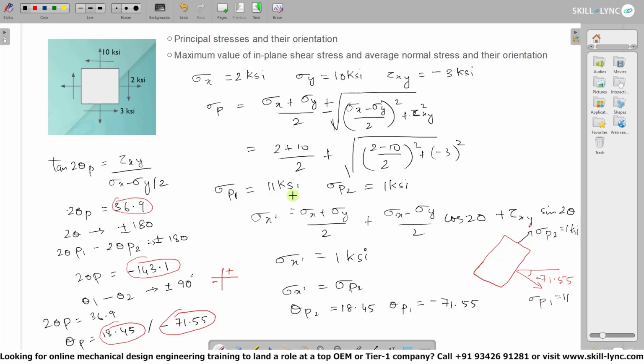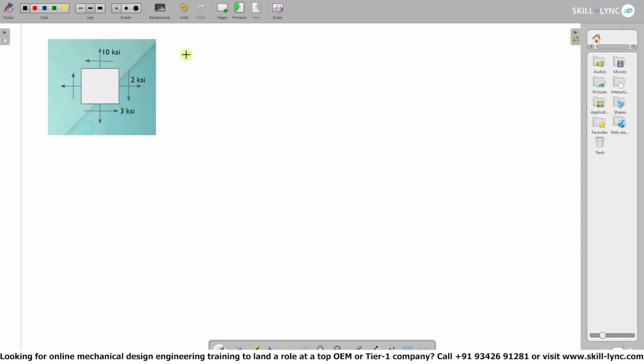Now both of these sigma values are positive values, and that means that the stress is also outwards. And if these are negative values, we are going to draw stresses which are inwards. So our next statement is to find out the maximum value of in-plane shear stress and average normal stress and their orientation. So we'll take the next slide or the next board.